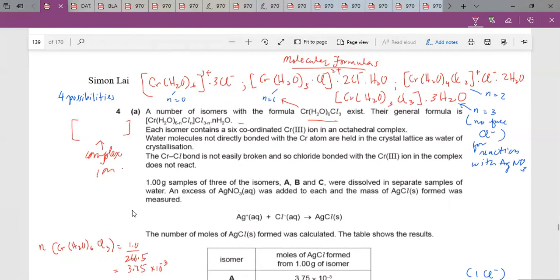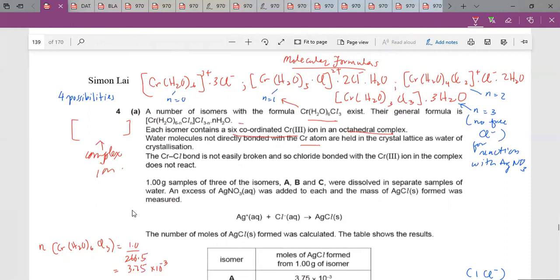Each isomer contains 6 coordinated. That means 6 means octahedral already, okay? Octahedral complex. Water molecules are not directly attached to the Cr atom. Okay, the water molecules are held in the crystal lattice as water of crystallization. So here the Cr-Cl bond is not easily broken.